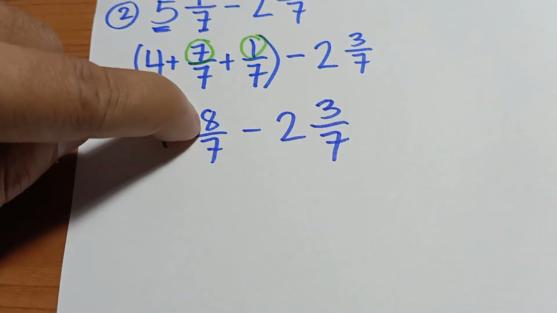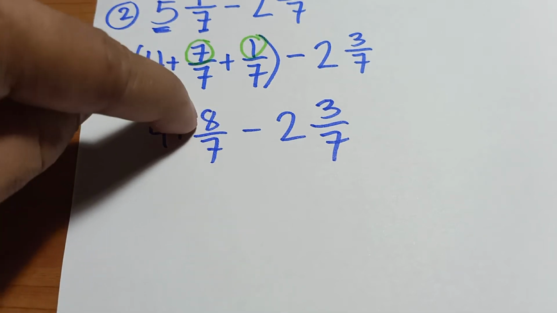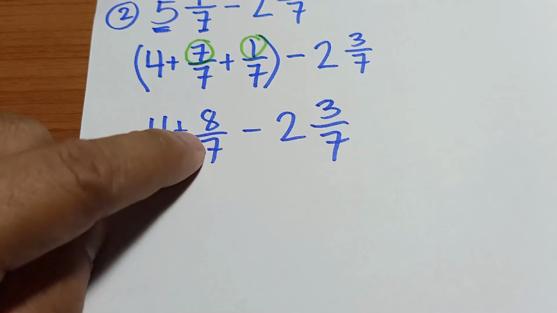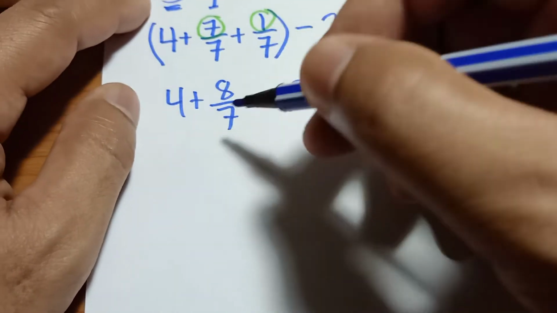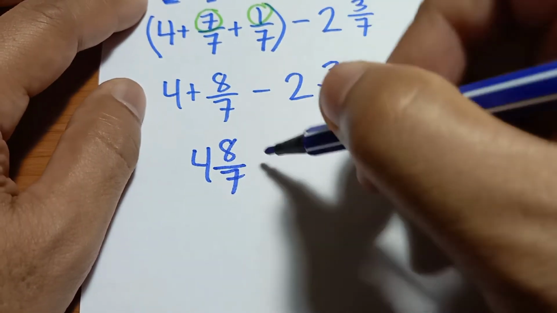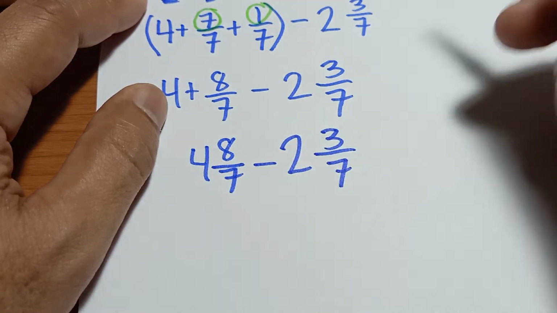Now as you can see, this is an improper fraction because you can still get 1. 8 over 7 is 1 and 1 over 7, but it's okay, later on we can simplify it. So 4 plus 8 over 7 is 4 and 8 over 7, minus 2 and 3 over 7.